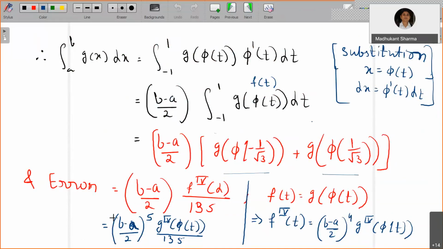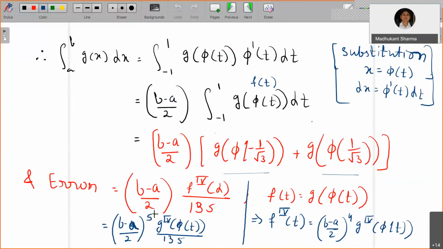But whenever you consider the composite rule, meaning you subdivide the interval a to b into n equal subintervals and calculate the error, then one power of h will be lost. You can't help it here as well. One power will be lost here as well.